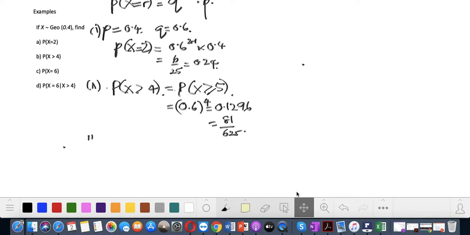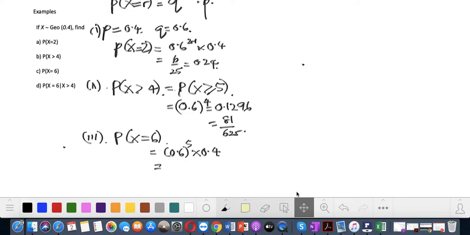Okay, and question 3. The probability of getting x equals 6. So to do this, you have to use the formula from the first question. Okay, same thing. So this is 0.6 to the power of 6 minus 1, which is 5, and then multiply by 0.4, which is p.